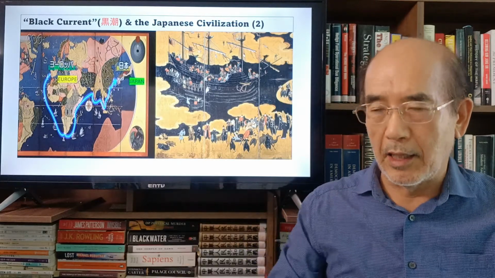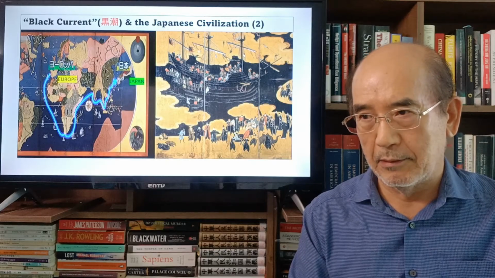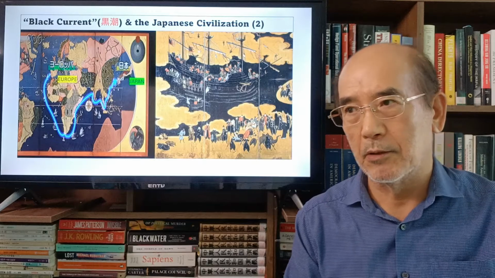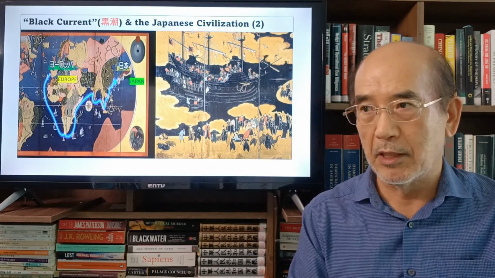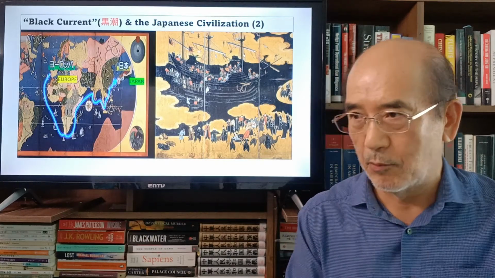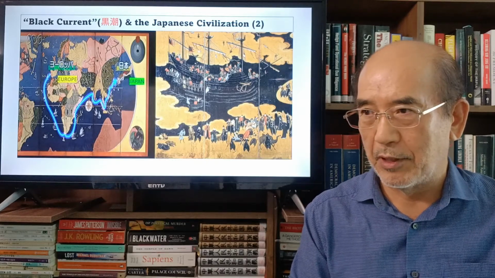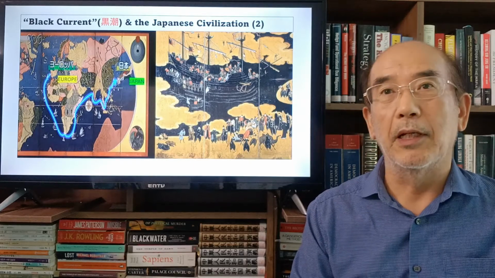Then they actually ended up sailing towards Japan by accident. So this was, in a sense, the initiation of Japanese Westernization, which later meant really a civilization. On the right side is actually a Portuguese ship that reached the Japanese coast, and Japanese people came out and really looked at them.